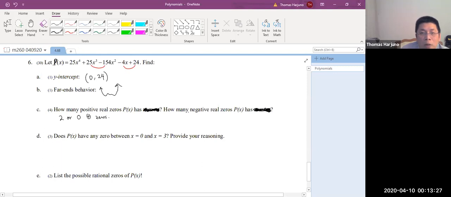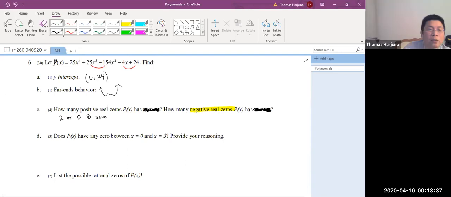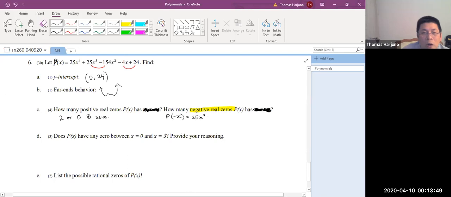Now, to find the number of negative zeros, we need to look at P(negative x), or f(negative x). So for P(negative x), for even degree terms I don't change the sign, and for odd degree terms I change the sign.